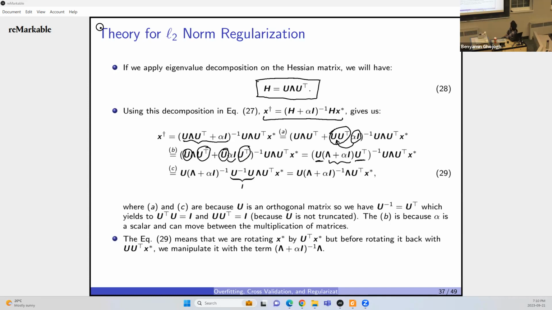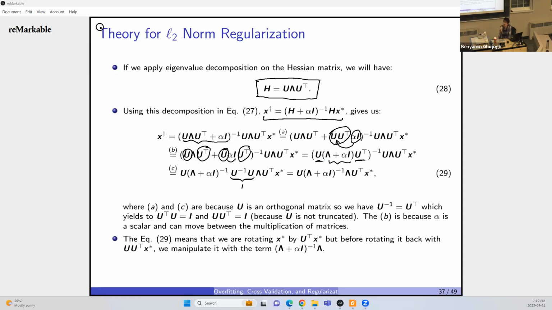Okay. Now I apply the inverse onto the elements of these parentheses. We know that similar to transpose, inverse also reverses the order of matrices in matrix multiplication. So we'll have U transpose inverse. What is U transpose inverse? U is an orthogonal matrix, therefore U transpose equals U inverse.